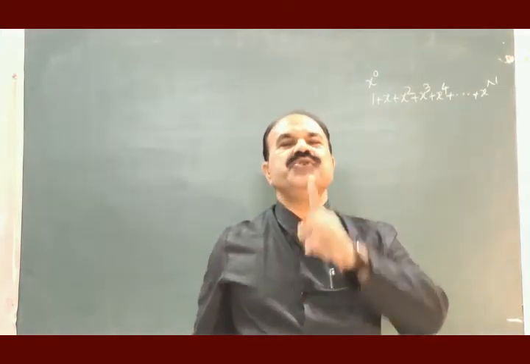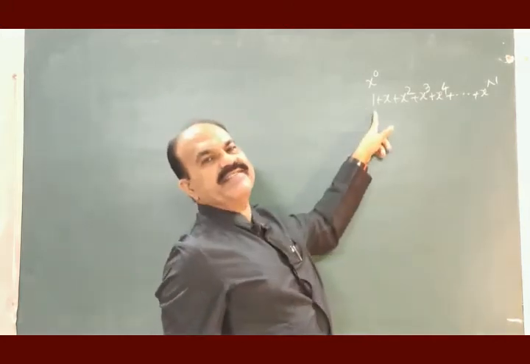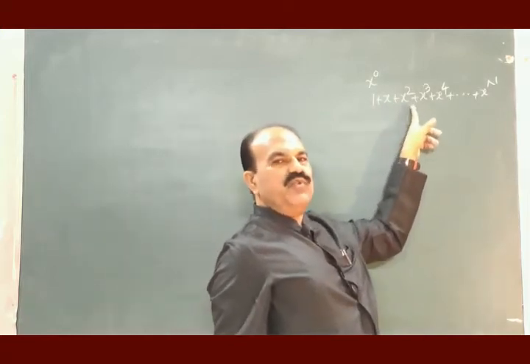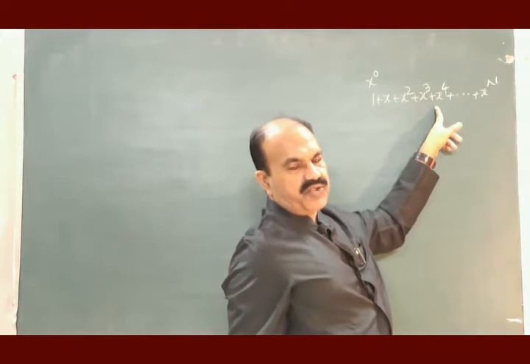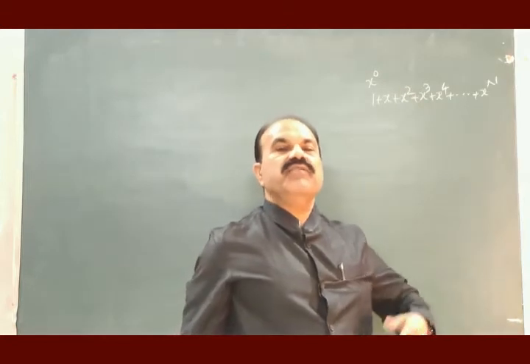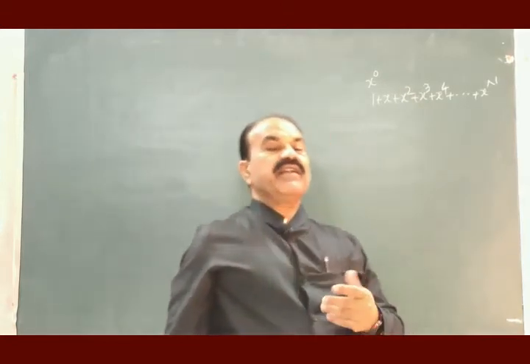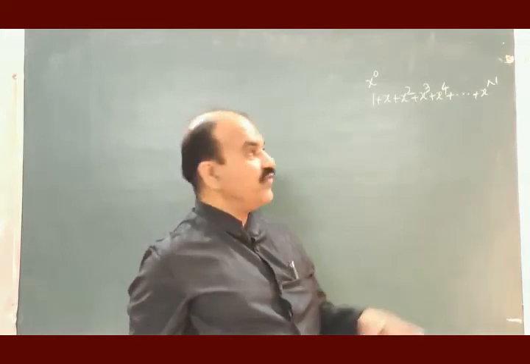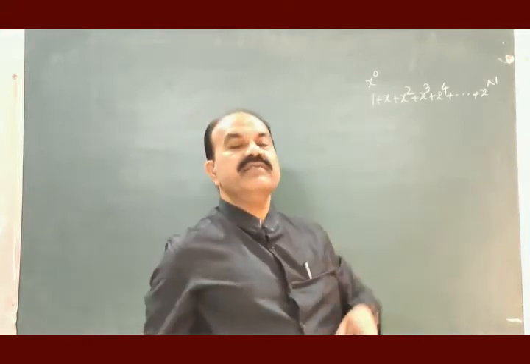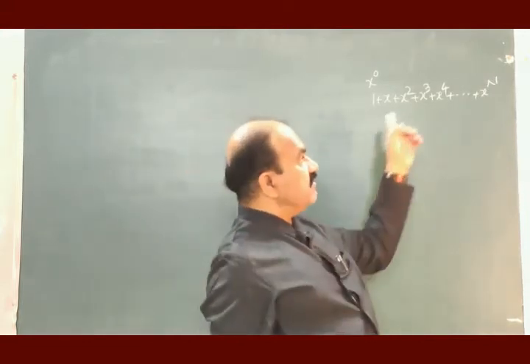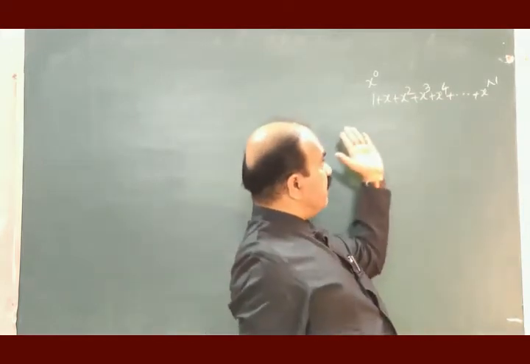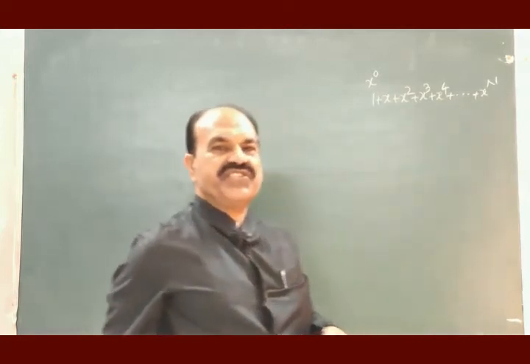Anything raised to 0 is 1, so I am writing 1 here. Actually, it is x to the power 0 plus x to the power 1 plus x to the power 2 plus x to the power 3 plus x to the power 4 plus x to the power 5 and so on. The last term will be plus x to the power n. And you are asked to find the sum of this series. x will be some given real fractional value, n will be some integer. Let us try to write a program to find the sum of this series.